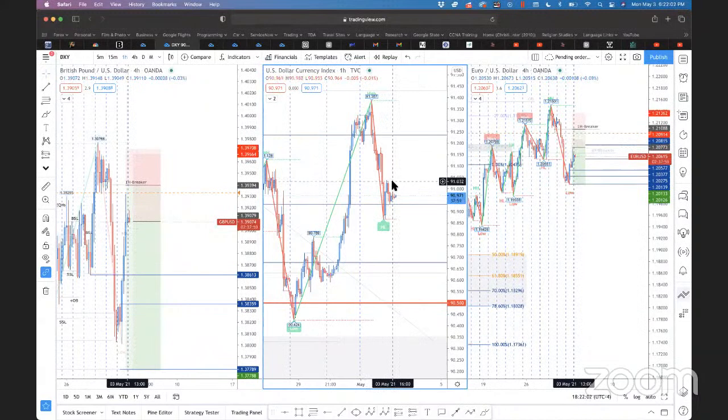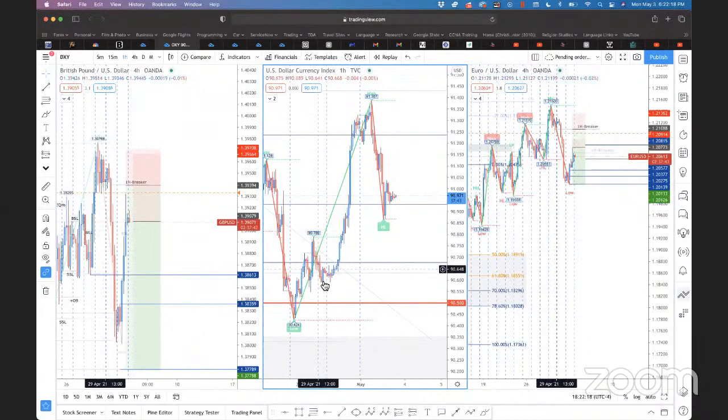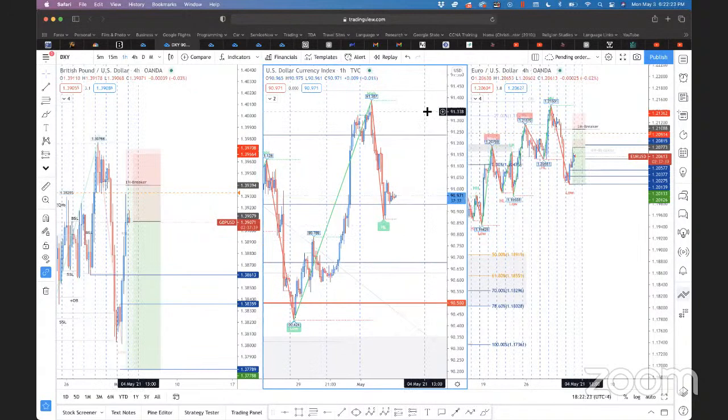We're just waiting on the setup to take place to give us the entry signal, right? I feel like though we made this swing low on dollar, we may need to get a little lower down into this order block right here before we trade back up. So that's why I haven't called that yet.